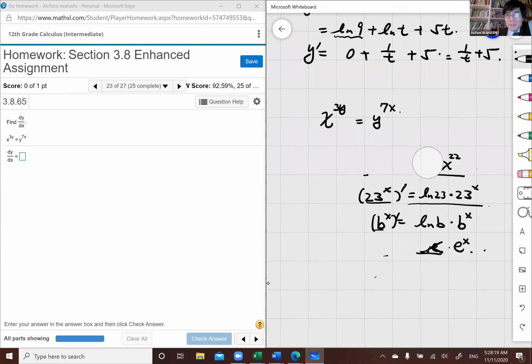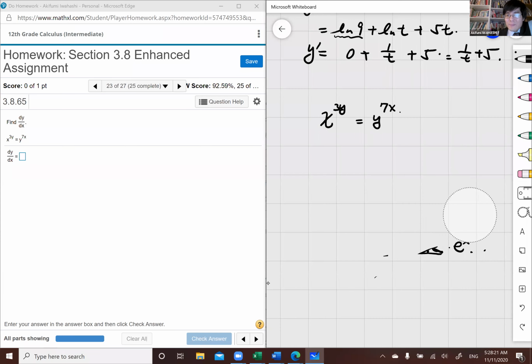Okay, so in this problem, you have a variable on top and a variable on the bottom. To change this expression, you're going to put both sides of the expression into logs. Assume this is an exponential function on the bottom, so we assume x and y are positive. Now, if they're positive, we can put them into ln.